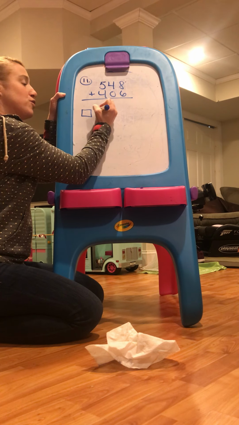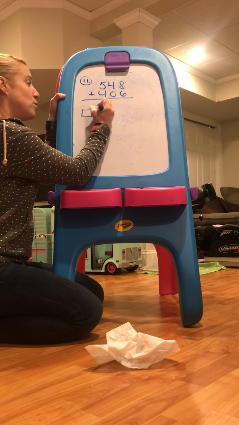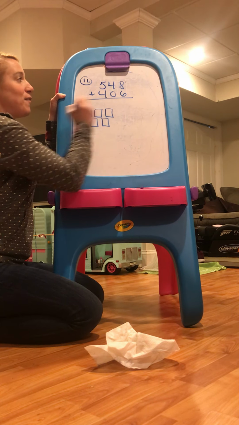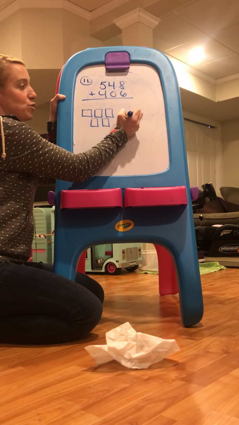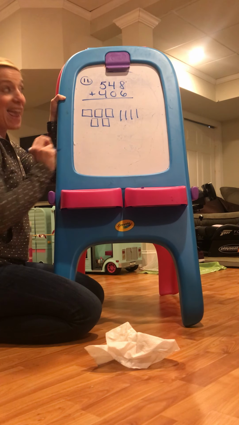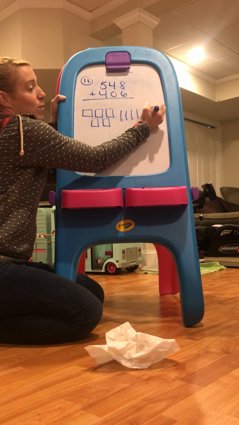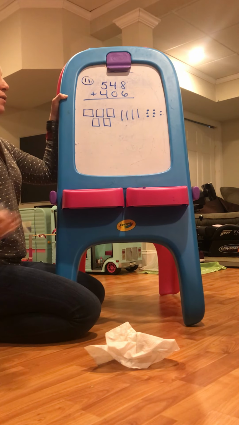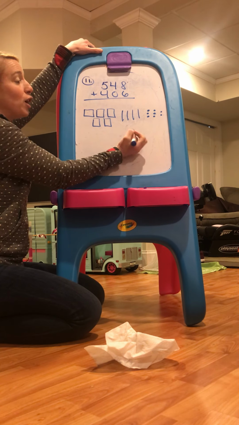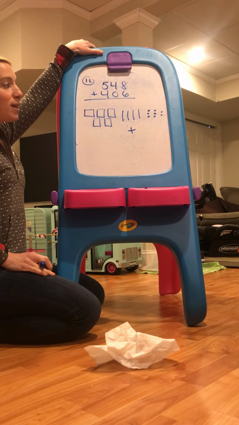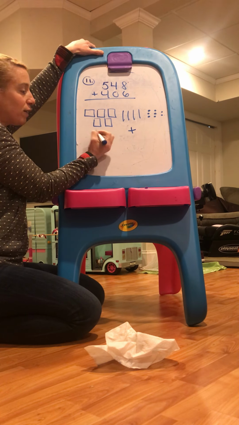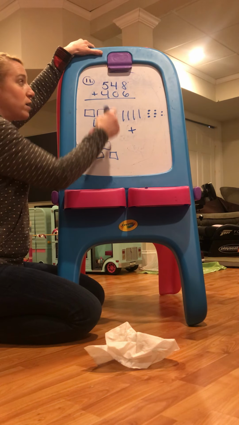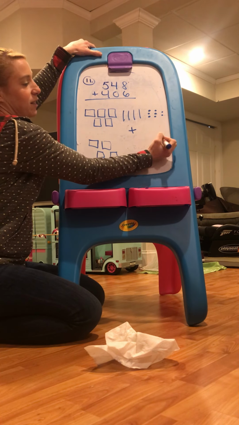So 100, just like we've learned in class, 200, 300, 400, 500, 10, 20, 30, 40, and 8 ones. Now that is all review. Now I need to add to it my 406. So I put my plus sign. I'm going to add 4 new hundreds, 0 tens, but then 6 ones.